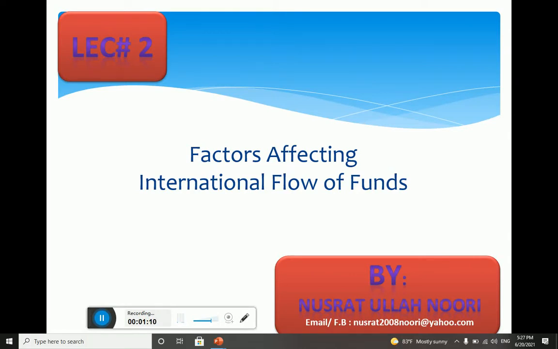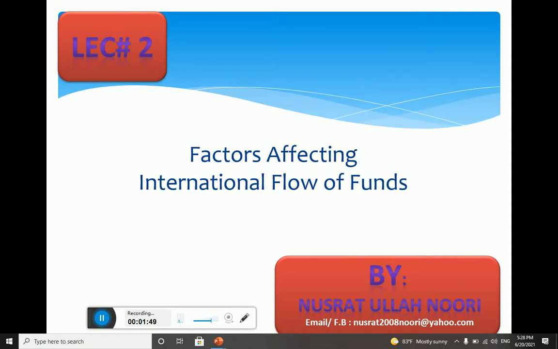By international flow of funds we mean the flow of funds resulting from international trade, foreign direct investment, foreign portfolio investment, transfers by immigrants, payments received from provision of services, and payments made as a result of grants and loans, unilateral or bilateral. All of these transactions result in the international flow of funds.